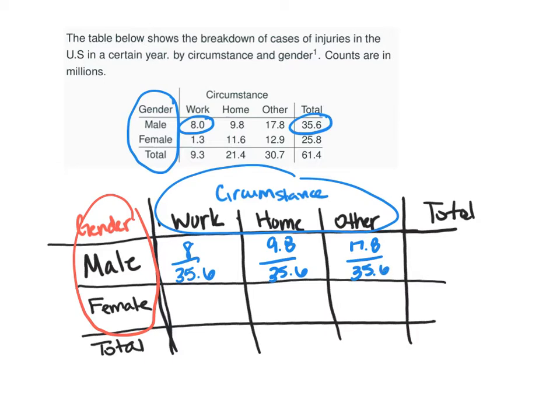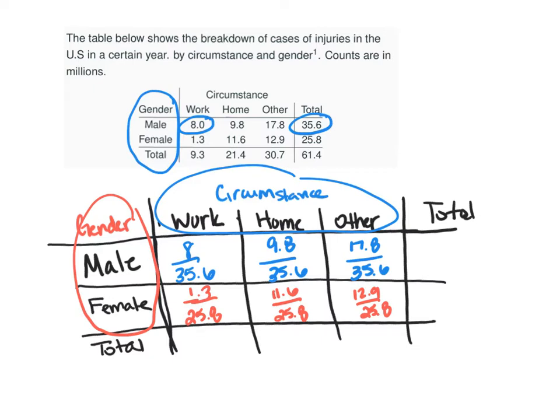Female, 1.3 divided by, this time there are 25.8 million females in the sample. Home would be 11.6 divided by 25.8. And then it's 12.9 divided by 25.8. So we'll get a calculator and we can calculate all of those values.